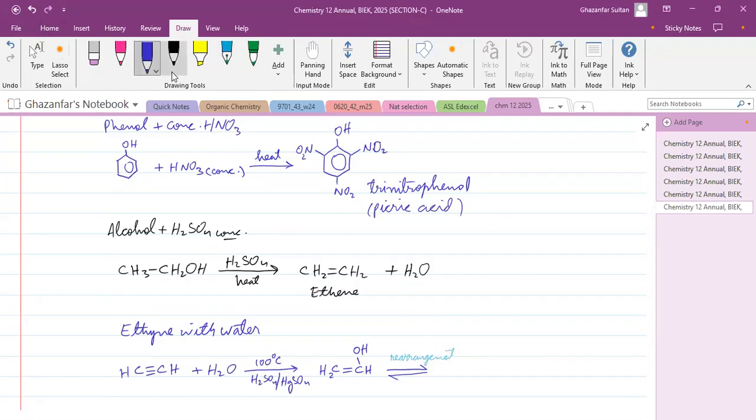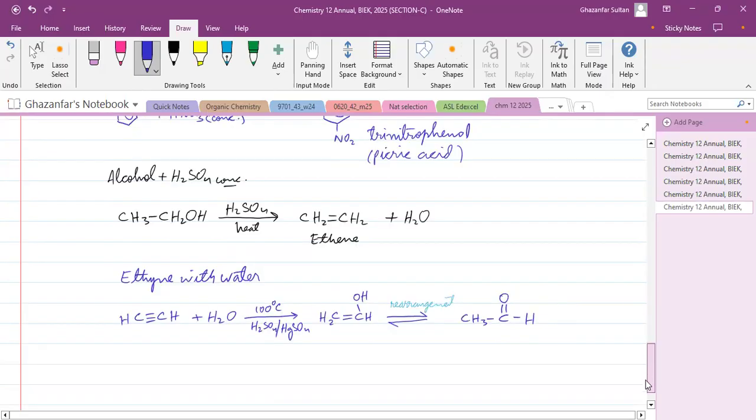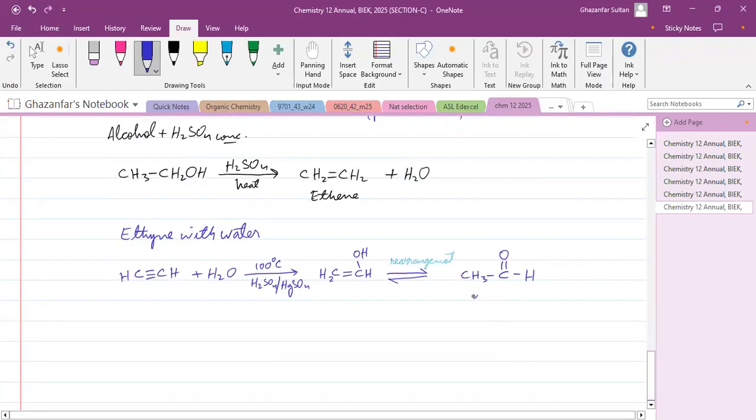As a result, you will obtain CH3, and a double bond is created here, CHO. This is ethanal. And there is always an equilibrium between vinyl alcohol and the ethanal.